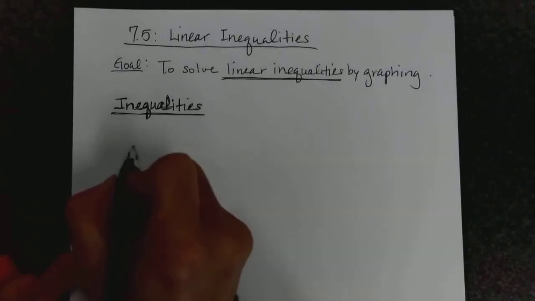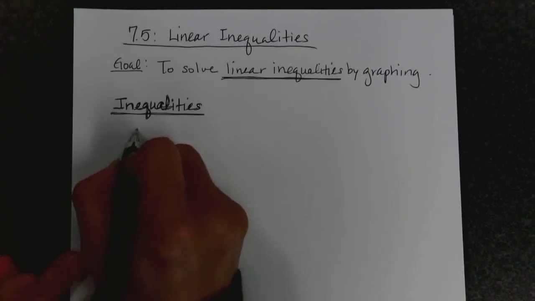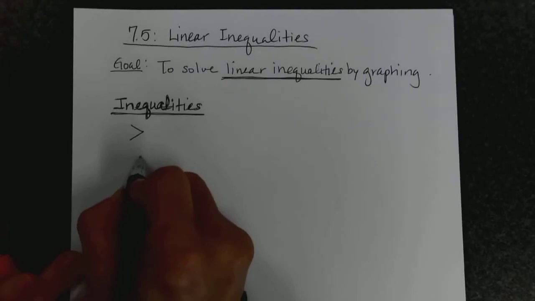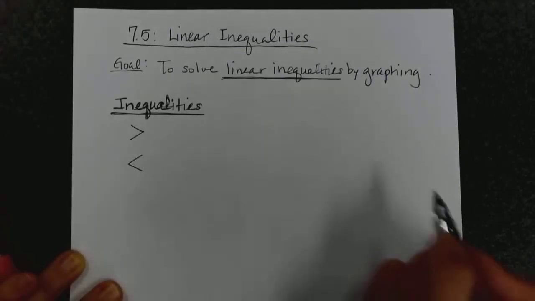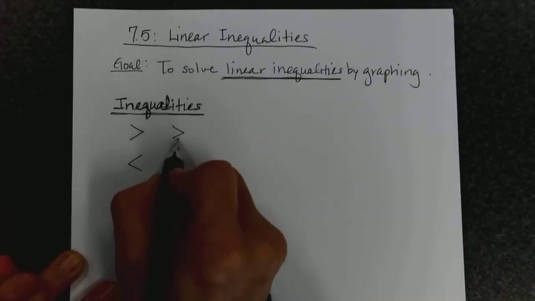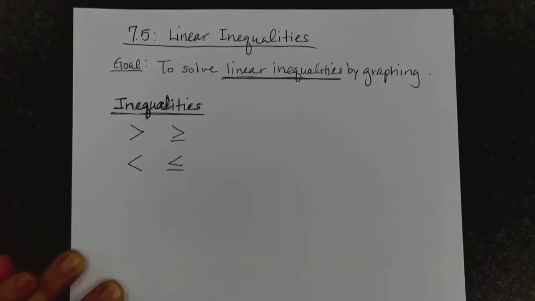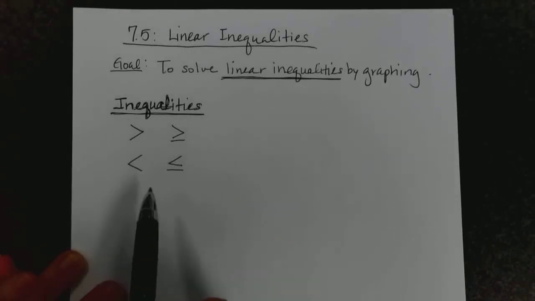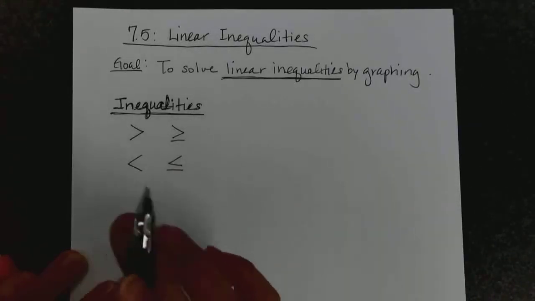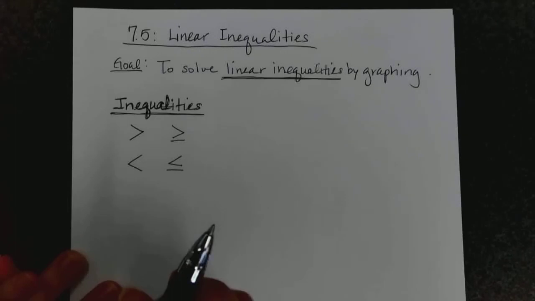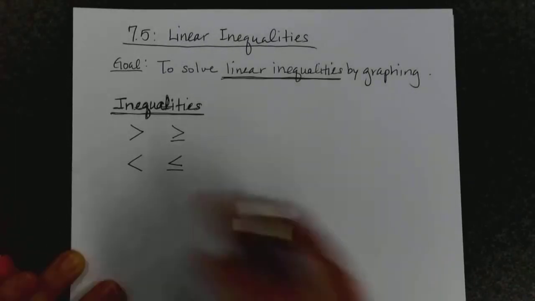From chapter 4 we talked about inequalities, and those inequalities are greater than or less than, or greater than or equal to and less than or equal to. When we were graphing inequalities before, when we said x is greater than 4, we graphed that on a number line.